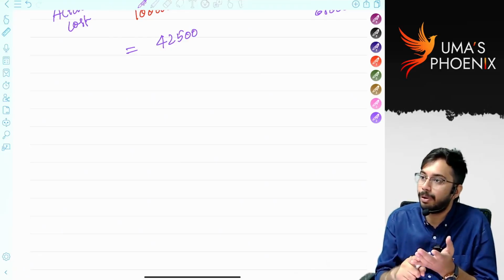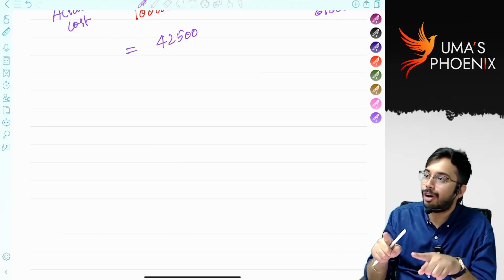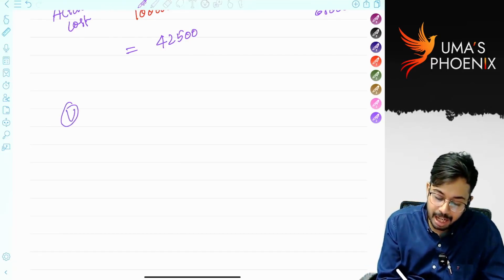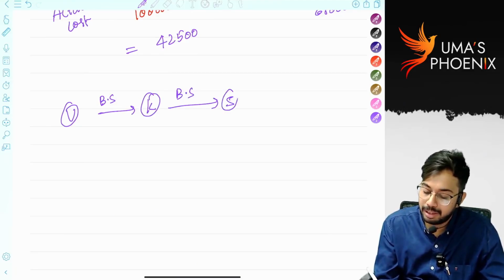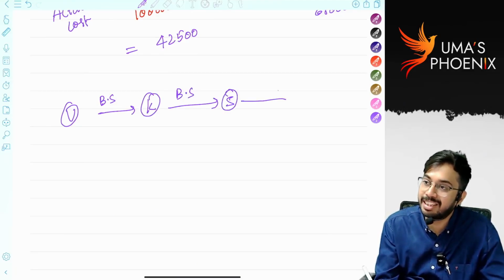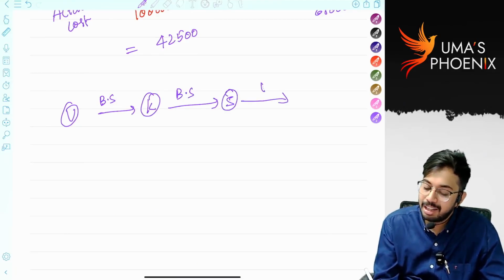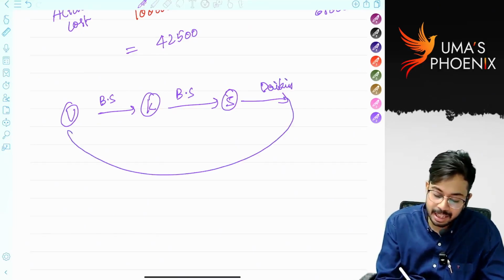So for this loophole, there is another loophole. What is that loophole? I will transfer Blue Star AC to Kaushik. Kaushik will transfer Blue Star AC to Sumedh. Sumedh is having a Daikin AC. Sumedh transferred Daikin AC directly to me.